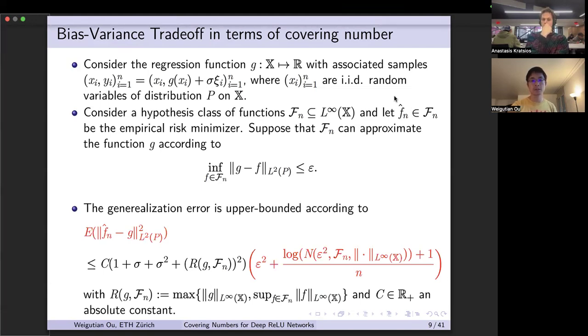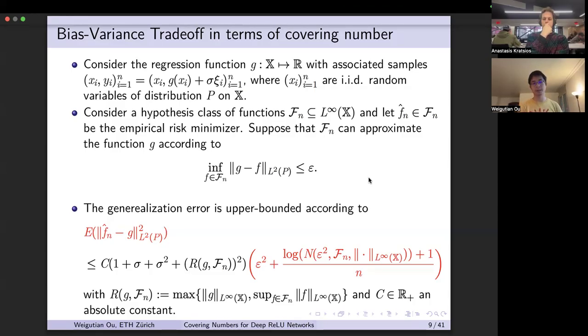If these two assumptions are satisfied, then in our paper, and also in many papers in the literature, it was shown that the expected generalization error can be upper bounded by some constant times epsilon squared plus the logarithm of the covering number over n.